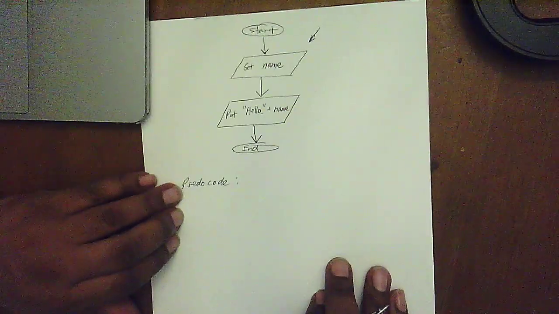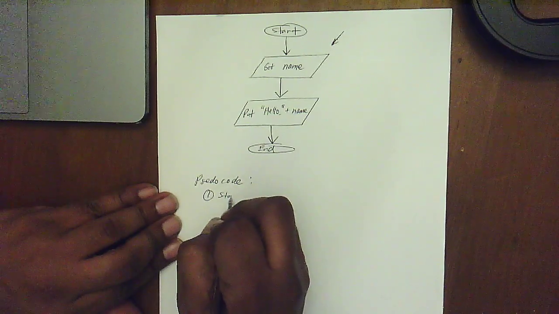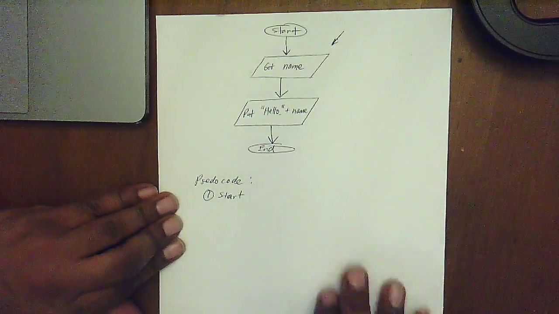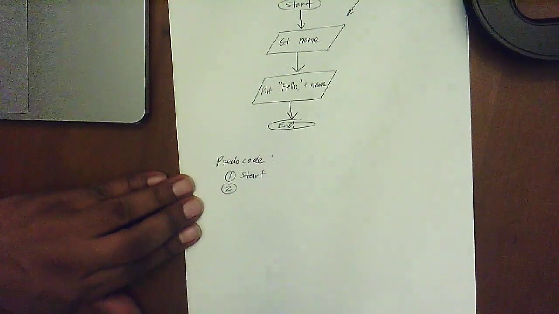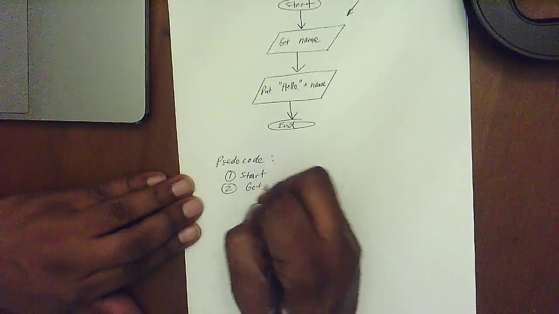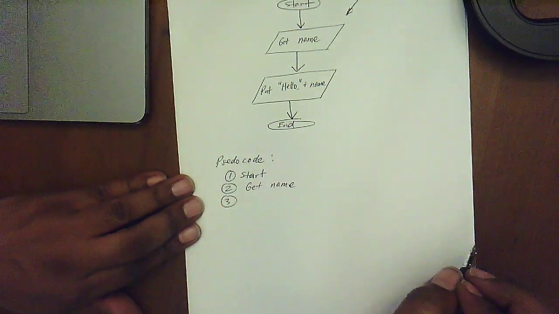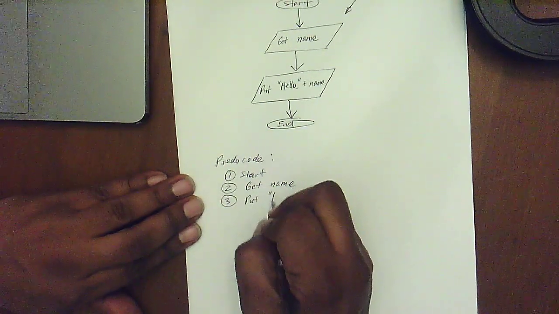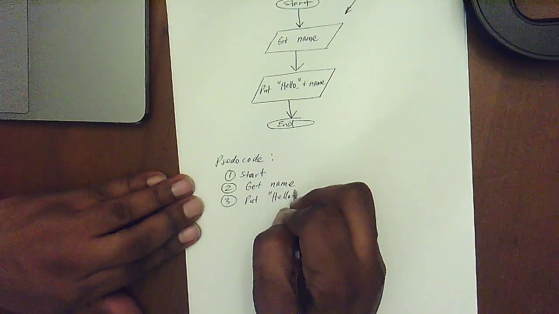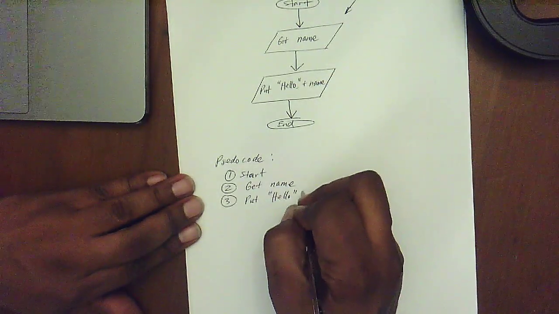The first thing we want to do is start. Line 1, start. We're going to write the complete pseudocode here. Line 2, we're going to get name. Line 3, we're going to put hello, and then also we're going to put name.